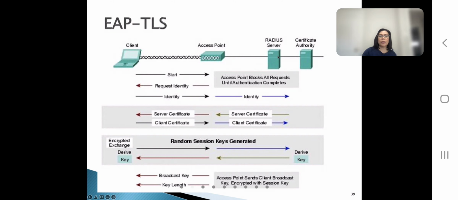And then the server will work with the certificate authority to get certificates for the client. At the same time, the server sends the certificate back to the client, because not only does the network authenticate the client, but the client must also authenticate the network to make sure that the network is trustworthy.